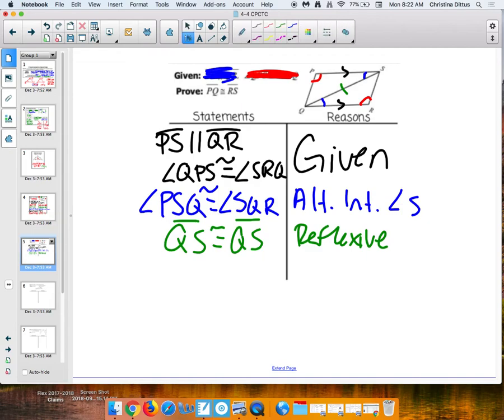Now what? Triangles. I can say triangle QPS is congruent to triangle SRQ. Because what? Angle, side, angle, side.